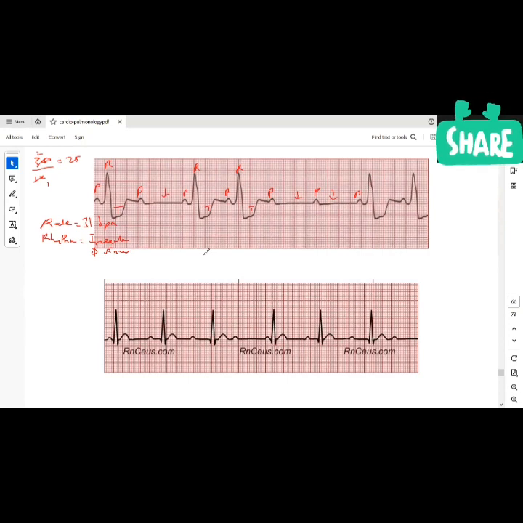So what do you think is going on here, doc? Why will some P waves not have a QRS complex? Clearly, there's atrial depolarization, right? So why am I not seeing ventricular depolarization for some of them? Maybe there's a problem with the ventricle.